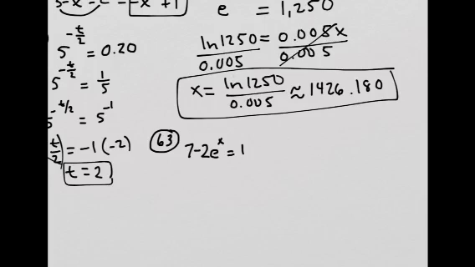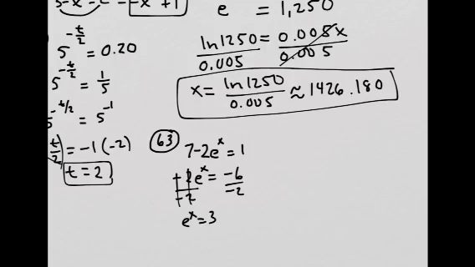So first thing you're going to do is isolate the e to the x. So I'm going to subtract 7 from both sides. That leaves you with negative 2e to the x equals negative 6. Now you're going to divide by negative 2. That leaves you with e to the x equals 3.